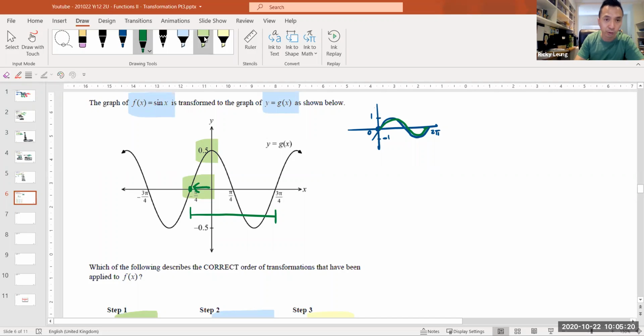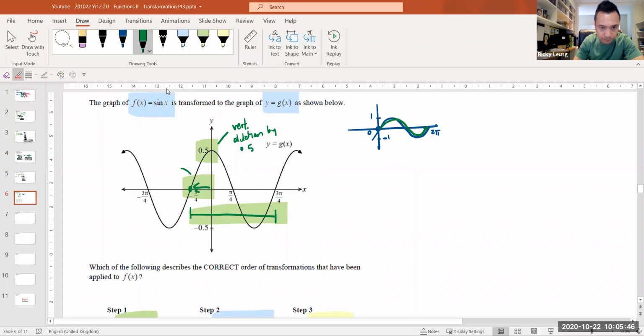So the reason why I'm highlighting that is because there's no reflection. If that was upside down as well, then there'd be a reflection. There is no reflection. So what I'm going to do, I'm going to highlight the 3, or just put some words to describe the 3. So that one there is a vertical dilation by a factor of 0.5.